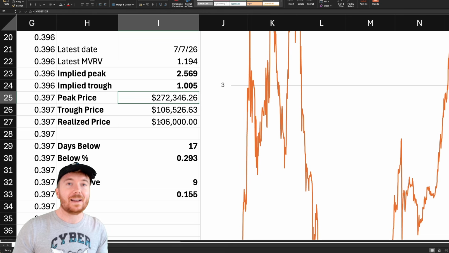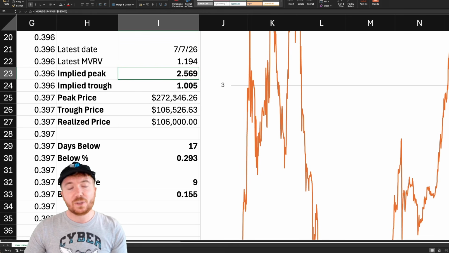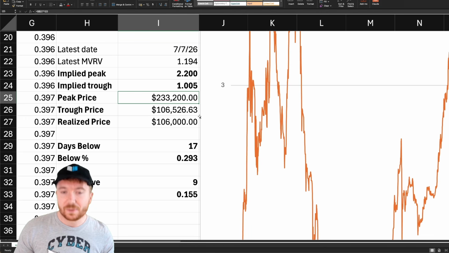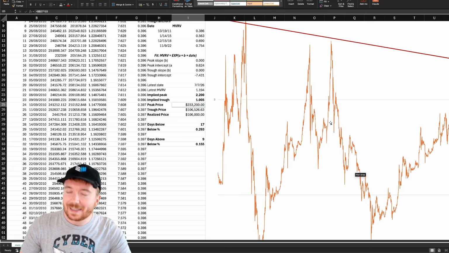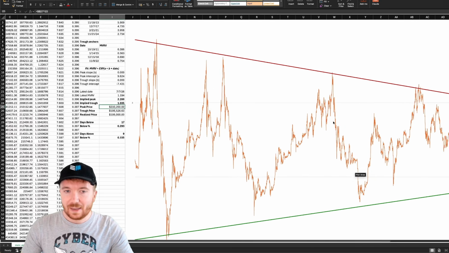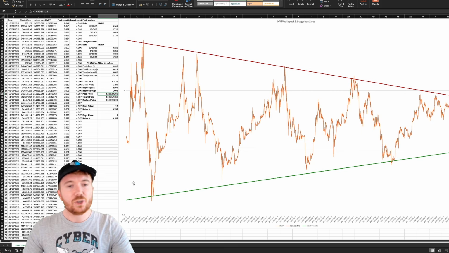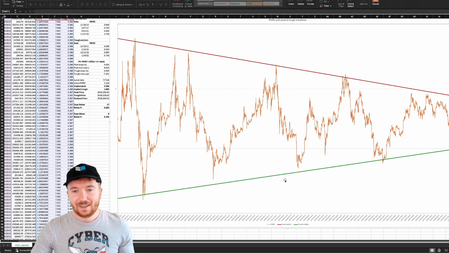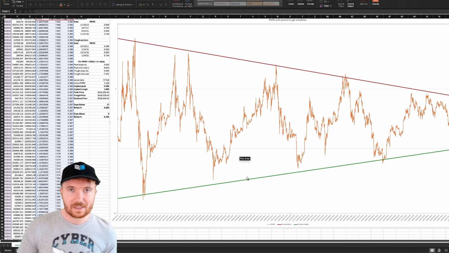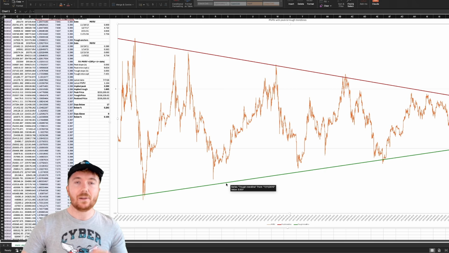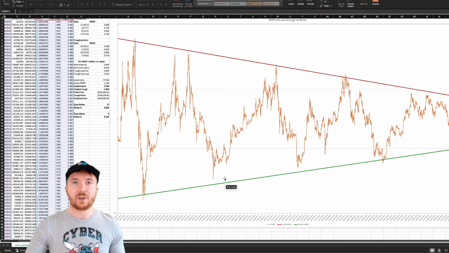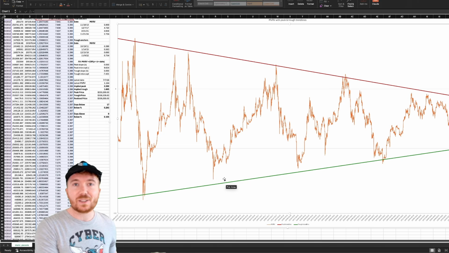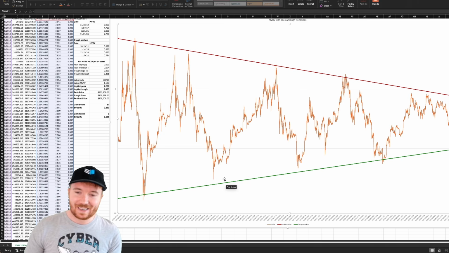Now, keep in mind that trend line is also coming to the downside. So if we saw an implied peak of, say, 2.2, then this would move down to $233,000. But nevertheless, I think it's an interesting data point and something to take into consideration, that just because Bitcoin always goes beneath the realized price, yes, but to a significantly lesser degree every single cycle as Bitcoin is maturing, as more people are accumulating at considerably higher prices for an asset that's gone from a few $1 million to multiple trillions of dollars in size.